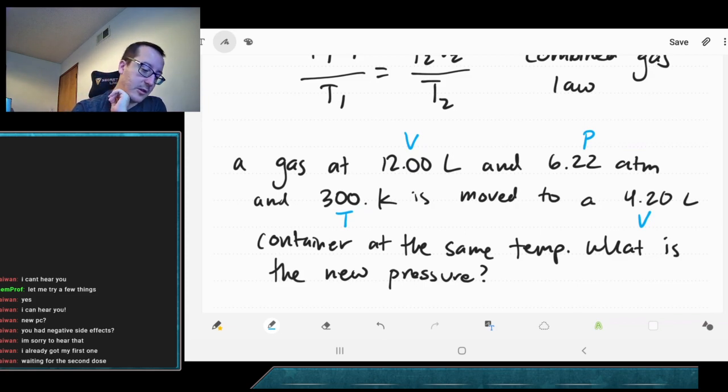So we might call all of these our conditions 1. So we're starting with our 12 liters and our 6 atmospheres and 300 Kelvin. That's all at kind of time point 1. And then we're going to see that we're going to move it to a new volume, which will be our second volume.